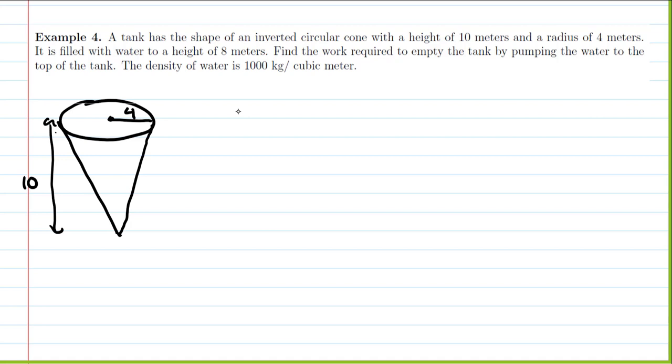We're then further told it is filled with water to a height of 8 meters. So we've got our cone here, and it's not filled all the way up. Our goal is then to pump all of this water out of the cone by bringing it to the top to get it out.